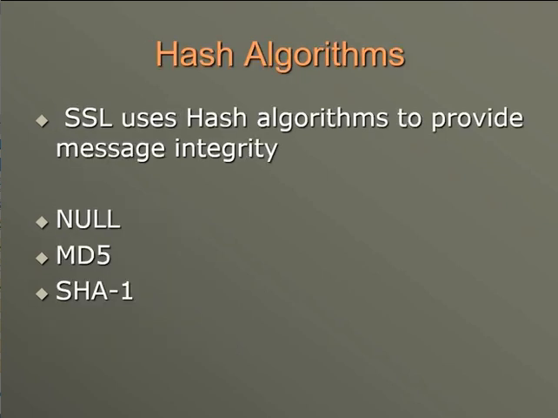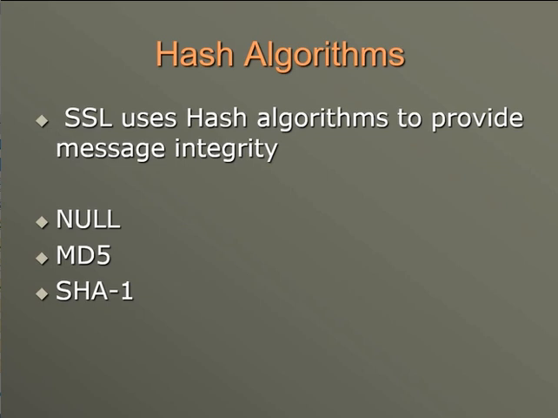Then next is the hash algorithms used in SSL. As we have seen, SSL also provides message integrity. To provide that, it uses a hash algorithm. So 3 hash functions are defined in SSL: null, MD5, and SHA-1. Null means the 2 parties may decline to use any hash algorithm. In this case, there is no hash function and the message is not authenticated.